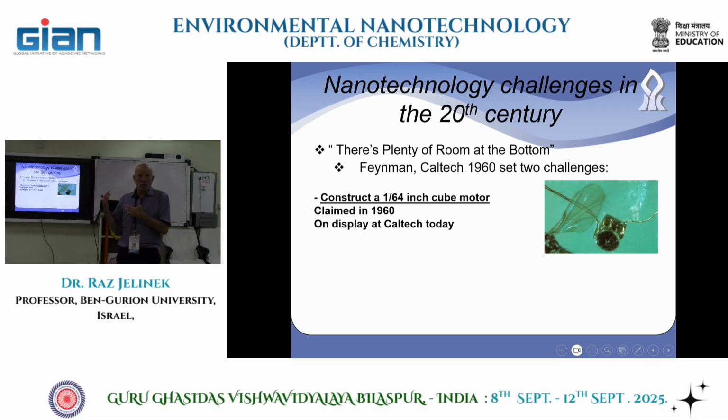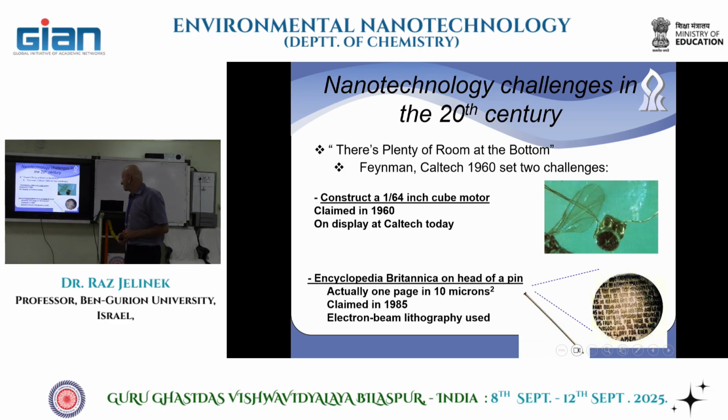When Feynman wrote his book, it was something totally unbelievable, unimaginable. But he wrote it in 1960. In the same year, some people succeeded to do that. It gives you an idea about the human ingenuity, the human innovation.